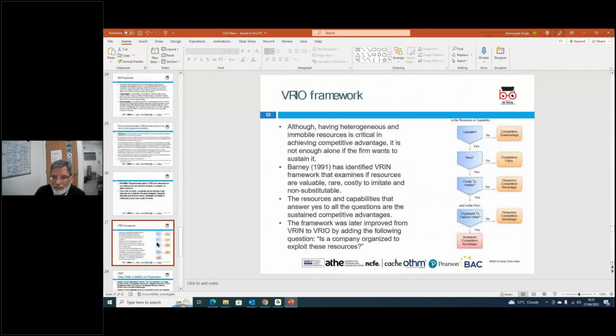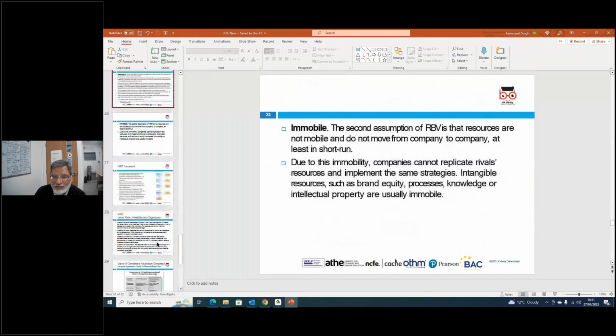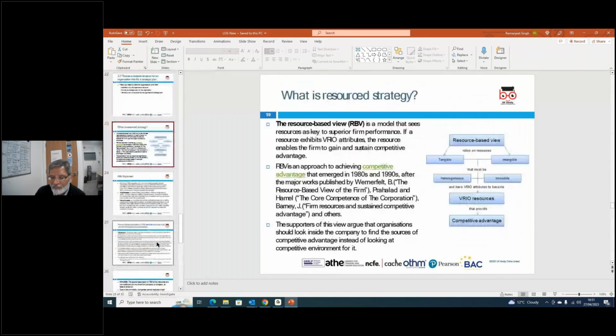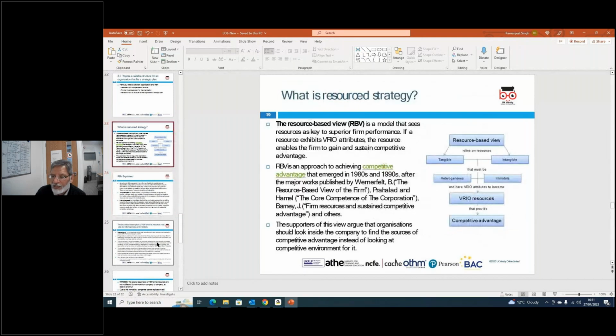There are one or two other things that we can look at. Number one is we can have a resource-based strategic plan whereby we look at the internal and external resources, tangible and intangible resources. This is the RBV model, the resource-based view.